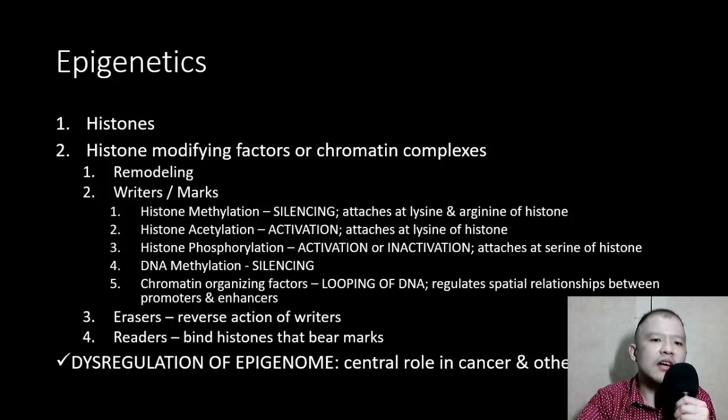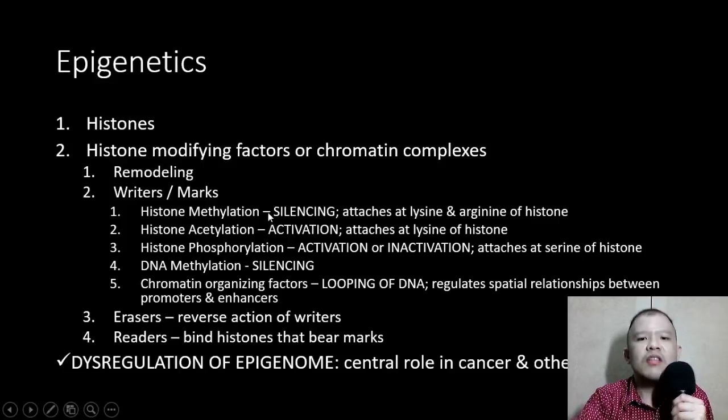Next are the writers, or the marks. For example, if a histone is attached with a methyl group, it causes the silencing of that histone. Therefore, there will be no transcription and no translation.